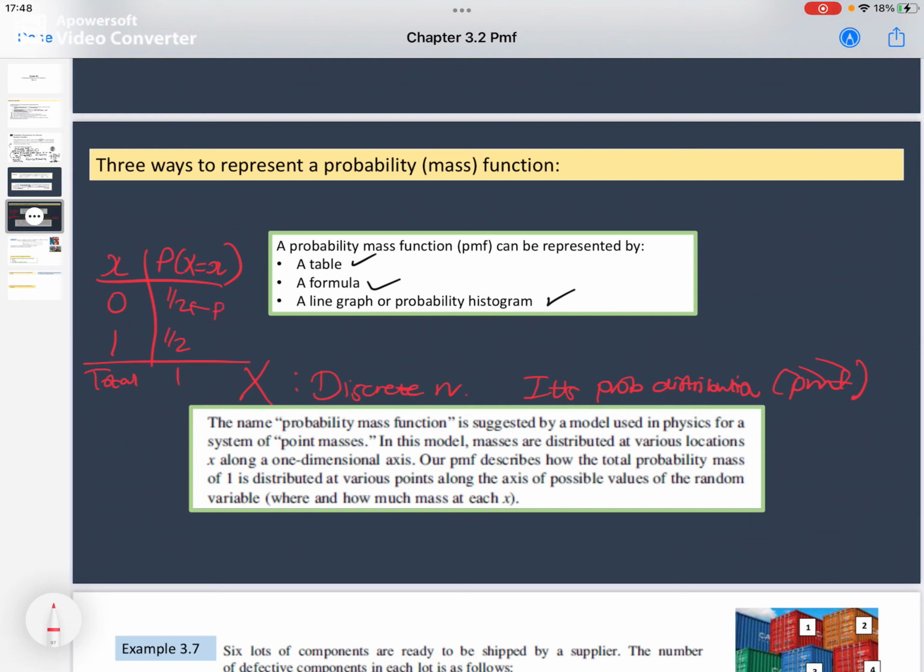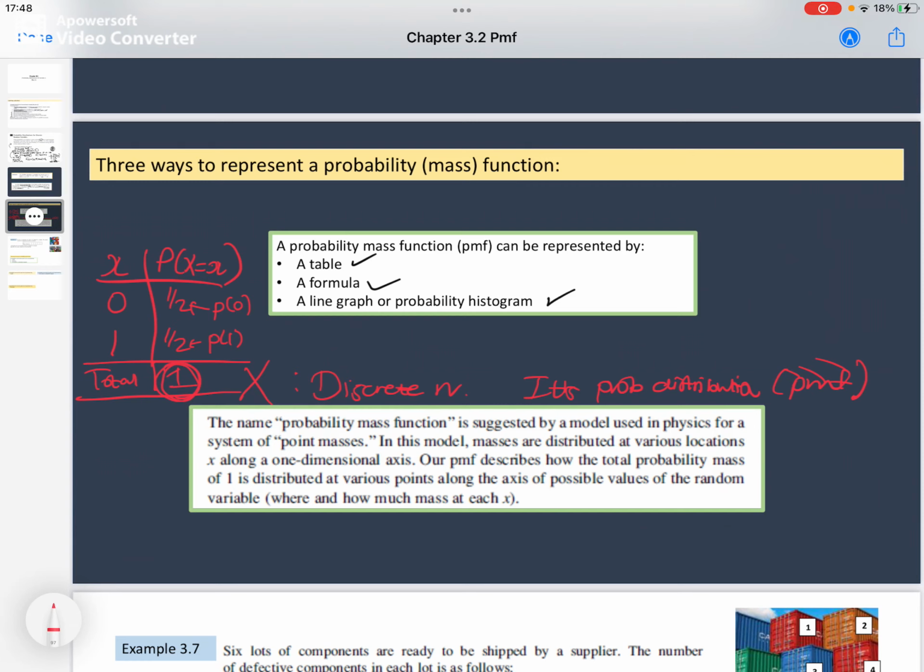So we saw that the probability of observing a value 0, or when x is equal to 0, is a half. The probability of observing x equal to 1 is equal to a half, sorry. And if you add up all the probabilities, a half plus a half will give you a total probability of 1.